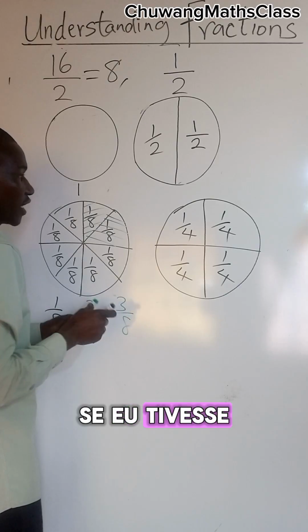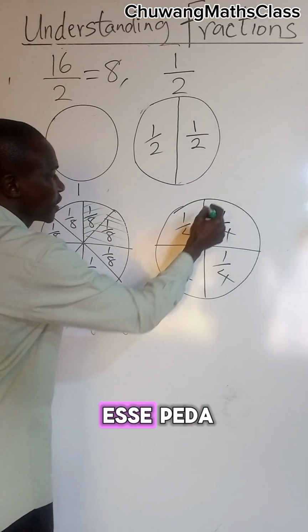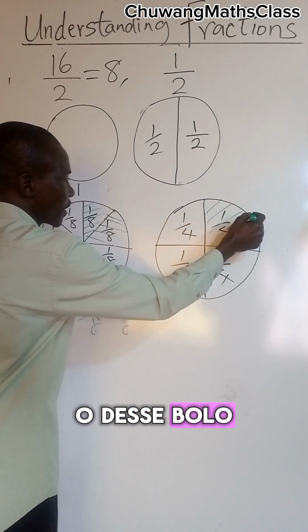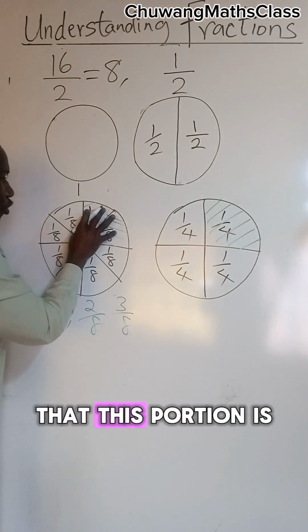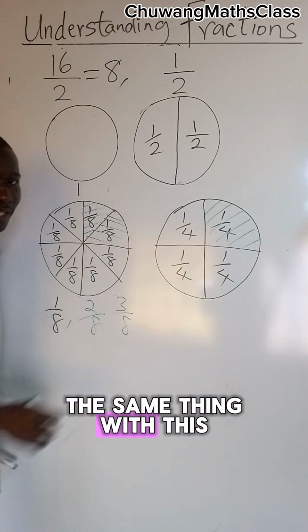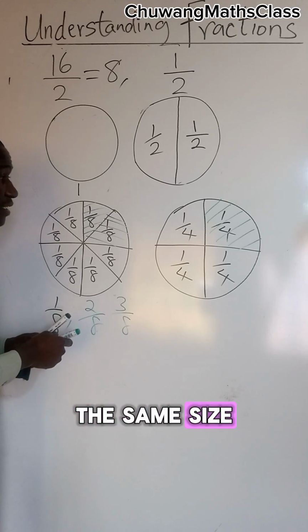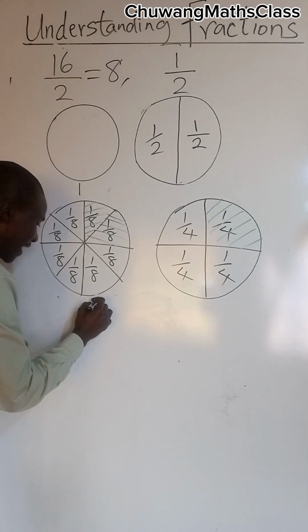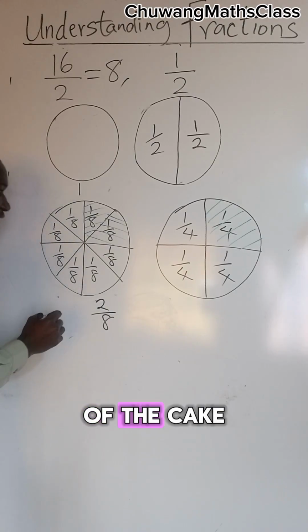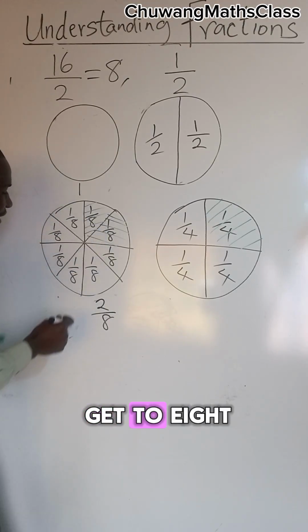If I've eaten this portion of this cake, now notice that this portion is the same size as this one. As you can see, here are 2/8 of the cake. How did I get to 2/8?